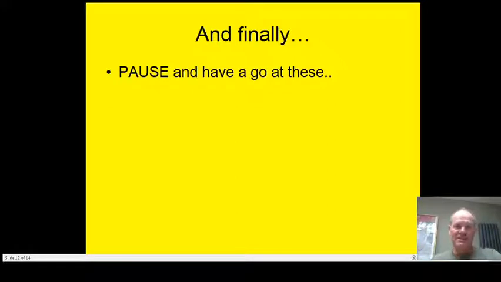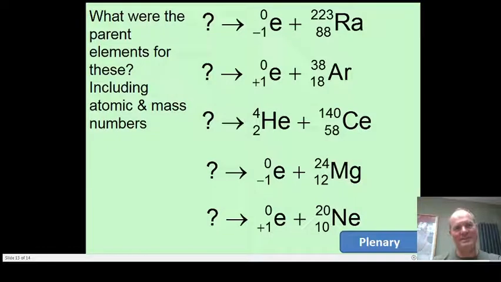And just to finish with, seeing as you obviously want to show your knowledge and prowess at nuclear decay, don't pause it before you have a go at these. I've got to show them to you, but when I show you these, have a look at these decay series, pause the video, work out your answers, and then I'll reveal all. The question is: what were the parent elements for these decay series?